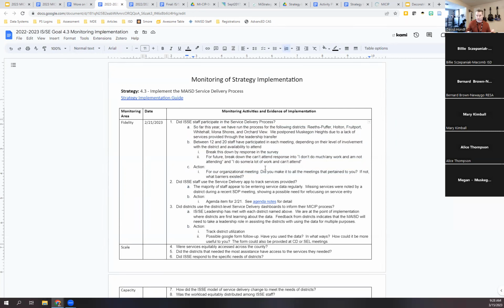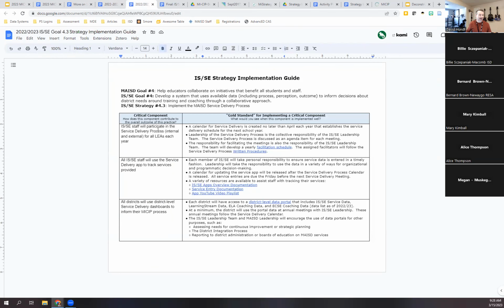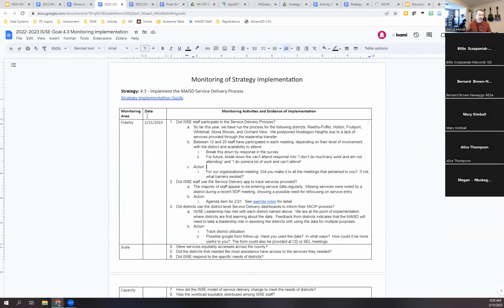So I just wanted to show that practical example about how to put it in place, and to show that you can modify the different resources that we've talked about to fit what works for your implementation. An ISD is a little bit different than an LEA in the way that we implement things. The MICIP plans look different. And so we took those same concepts and modified them to fit our purposes.